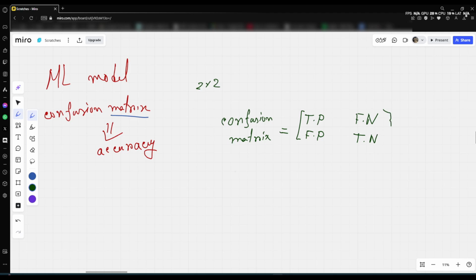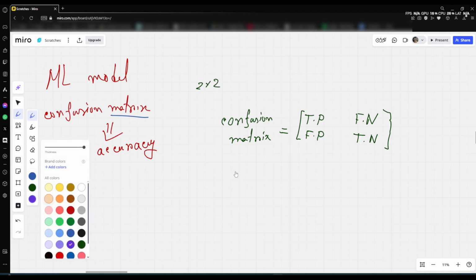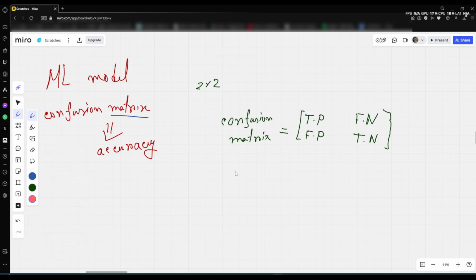Okay, so to figure that out, how does this work? First of all, we take the addition of the true positive and the true negative.